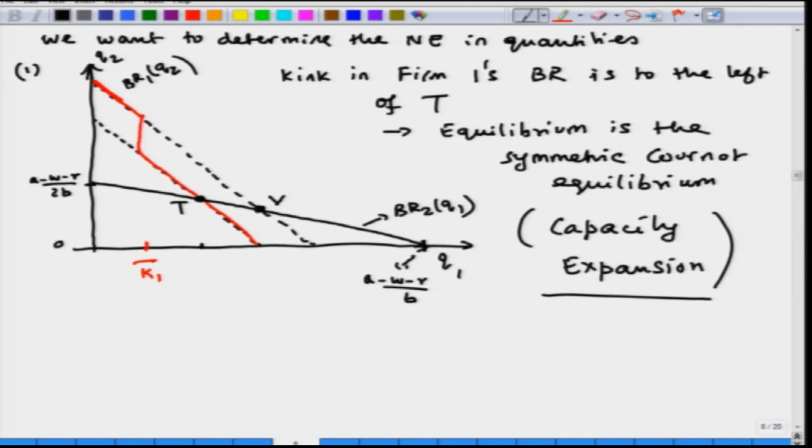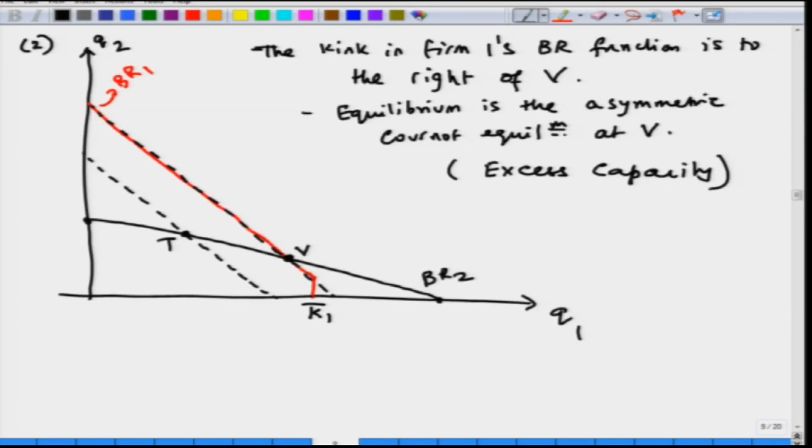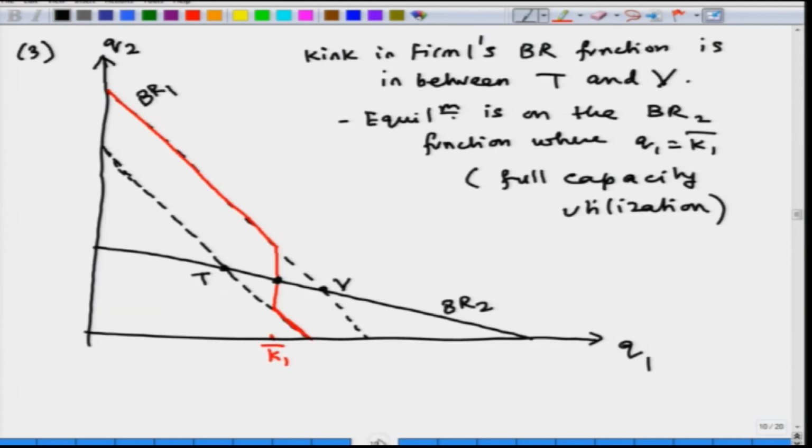So, let us just briefly recap. In one case the kink is to the left of T, I have capacity expansion. In one case the kink is to the right of V, so we have excess capacity, and in the third case the kink is in between T and V, so we have full capacity utilization, right.